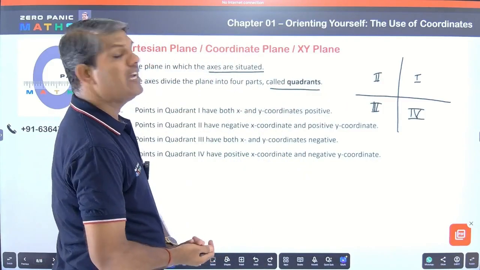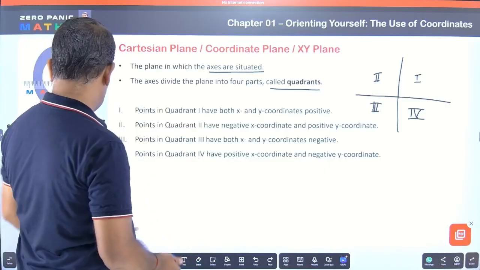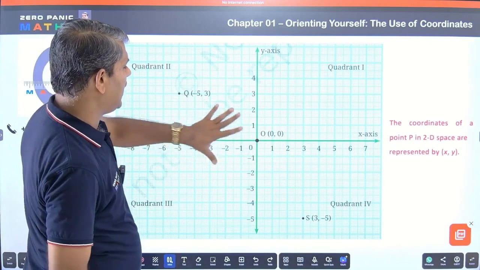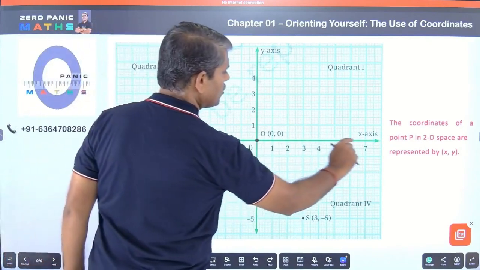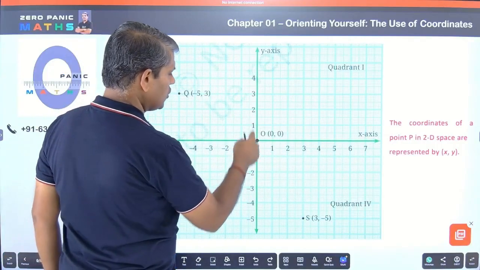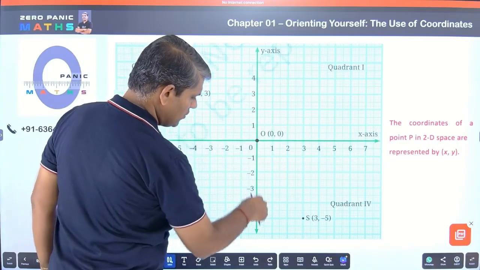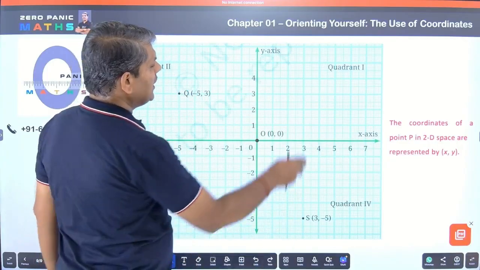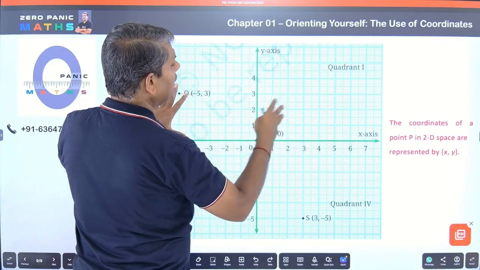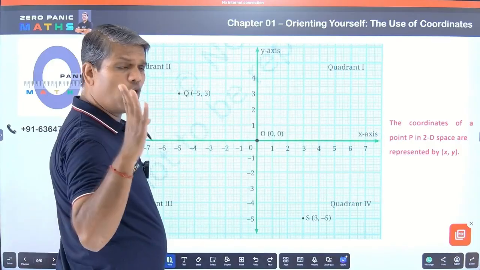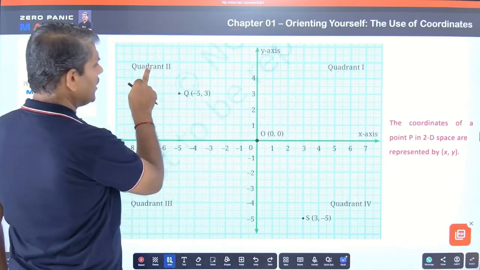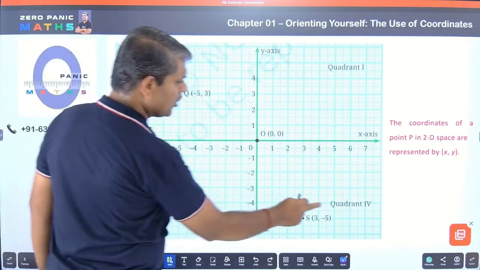Assume that there is a horizontal line representing positive and negative integers horizontally and positive and negative integers vertically. Then the plane is divided into 4 different parts, called quadrant 1, quadrant 2, quadrant 3, and quadrant 4.